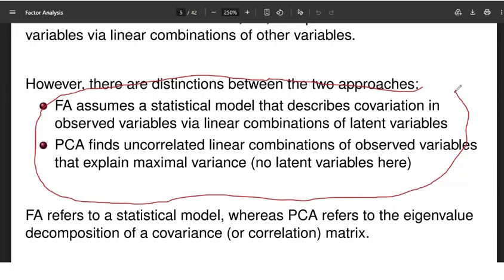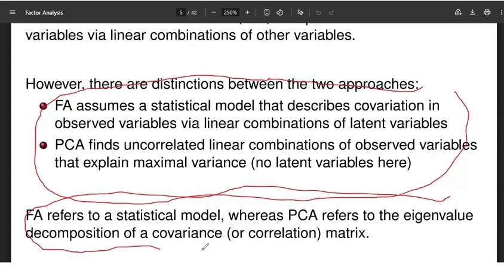That is why I make a further distinction here: factor analysis makes use of a statistical model, but principal component analysis makes use of linear algebra. You're going to hear something like eigen decomposition. When you hear eigen decomposition of a matrix, it is not statistical, it's mathematical. Just be aware of that.